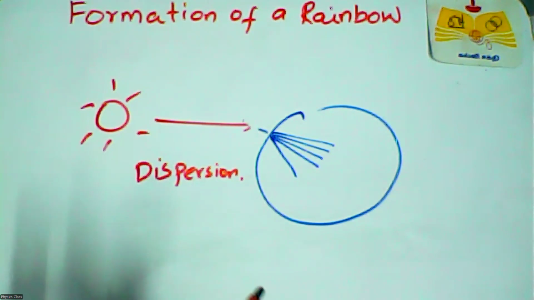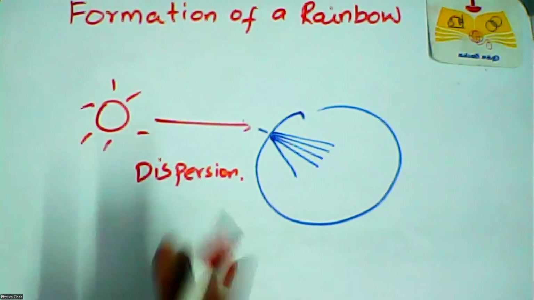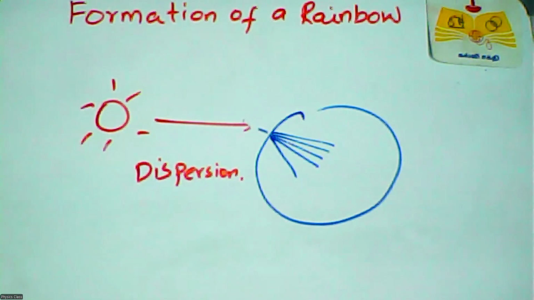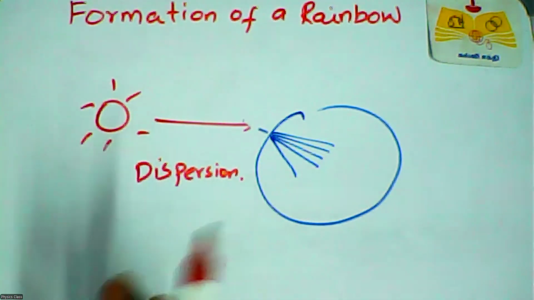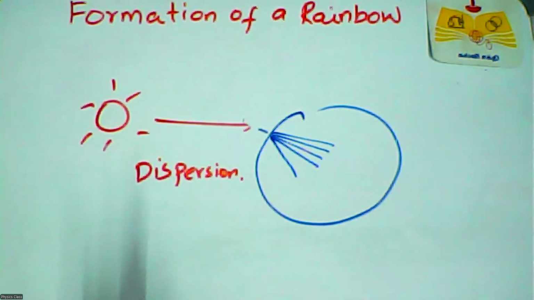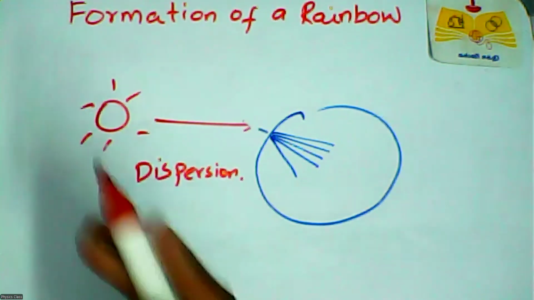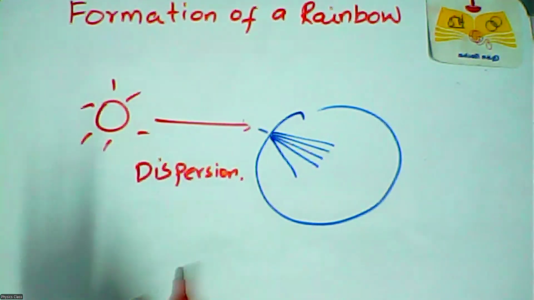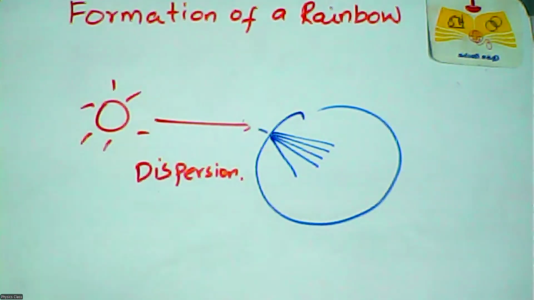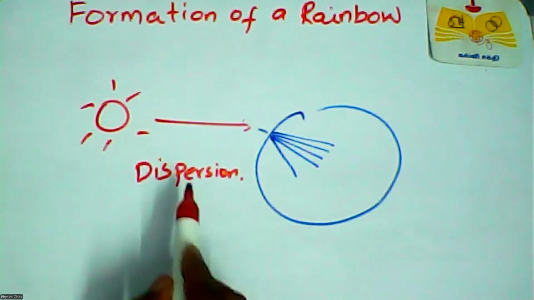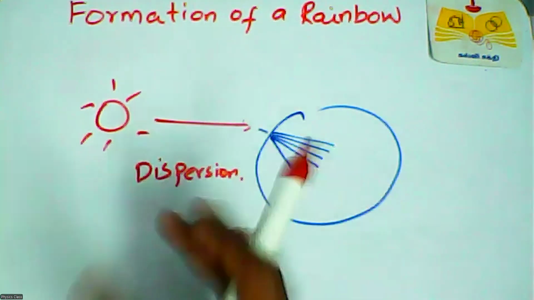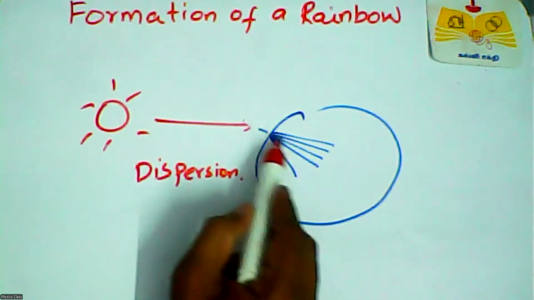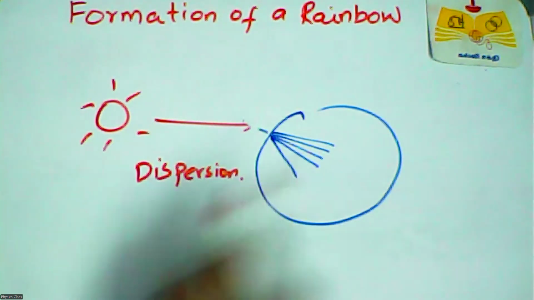Every color has a unique frequency and unique wavelength compared to the others. The wavelength of red is greater than the other lights, and the wavelength of violet is less. So each color has a slightly different wavelength and is refracted at a slightly different angle.